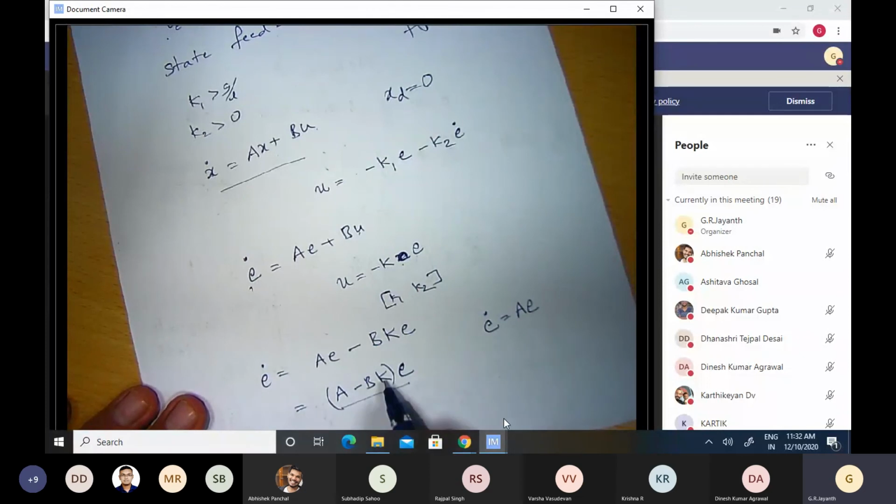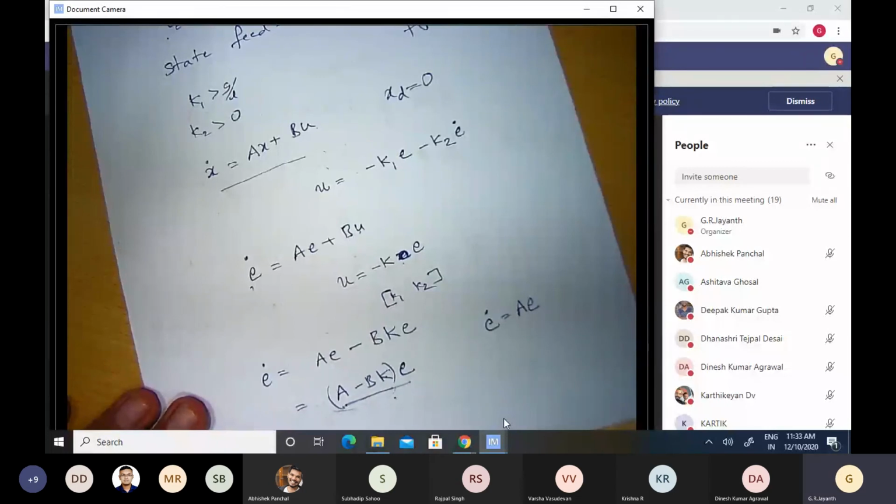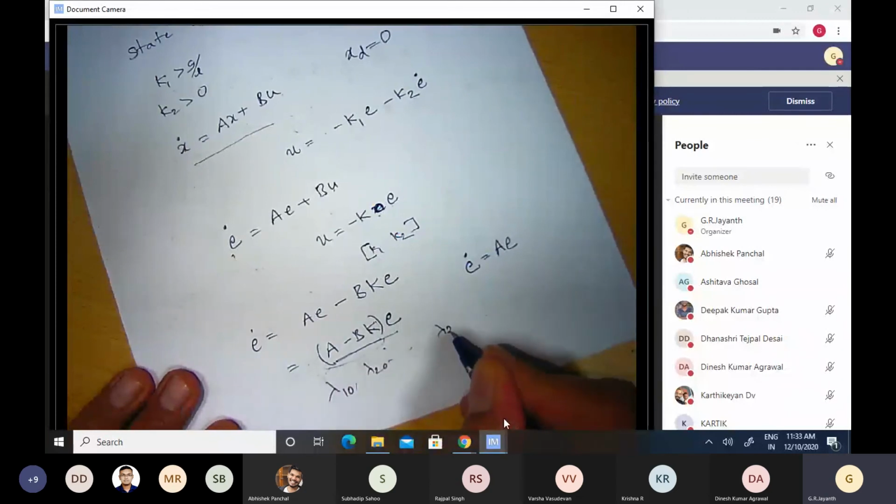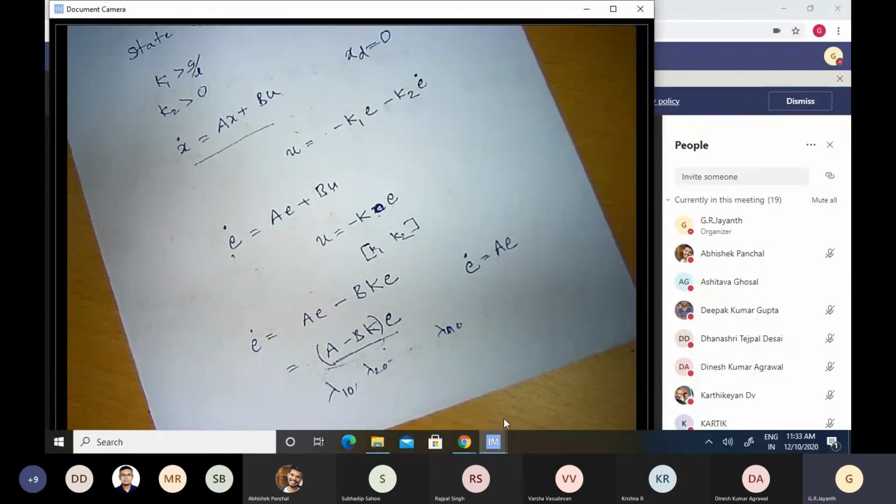Now, by choosing the elements of K judiciously, I can make sure that the eigenvalues of this new matrix A minus BK are situated wherever I want them to be situated. So this act of choosing the gains K such that the eigenvalues of A minus BK are some specified values, lambda 1 naught, lambda 2 naught, etc., which are so judiciously chosen that my closed loop system is going to be stable.